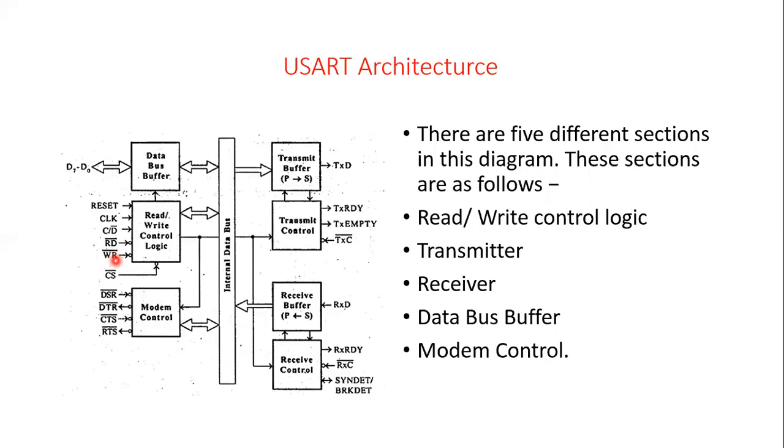So this is connected to IO write or memory write. Then read: when this signal goes low, the MPU either reads a status from the status register or it accepts the data from the data buffer. So this is connected to either IO read or memory read.